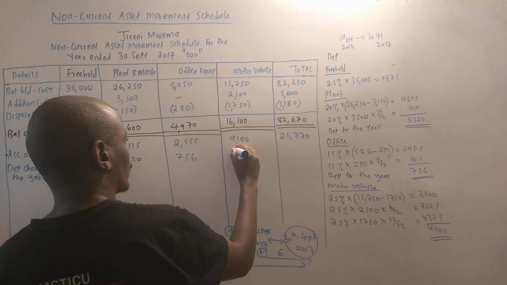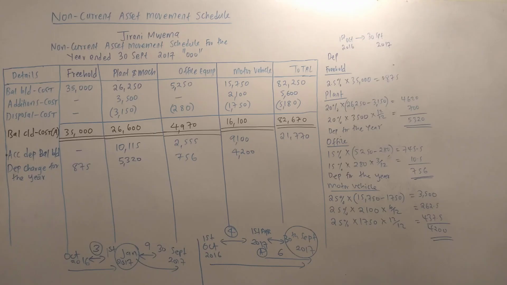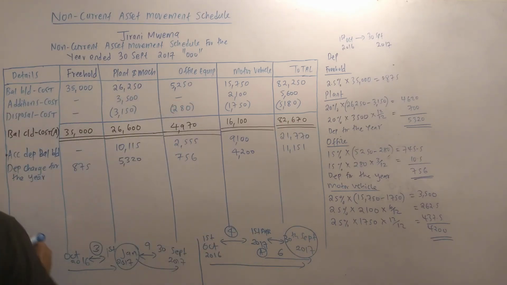So this one will be equal to 4200. Then you find the total. So you say 875 plus 5320 plus 756 plus 4200. I get 11,151. 11,151. Then depreciation for disposal.